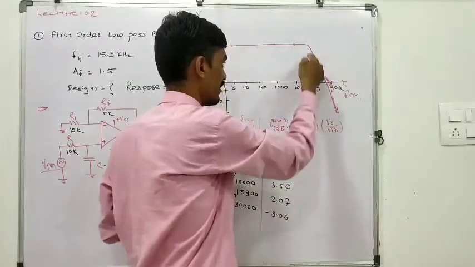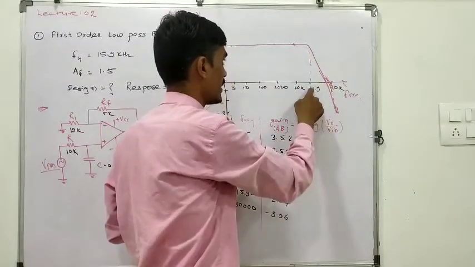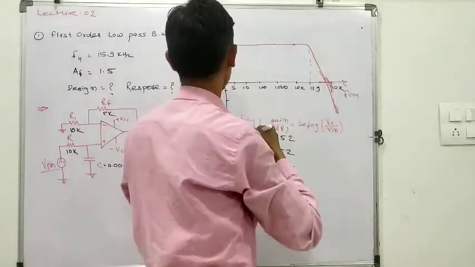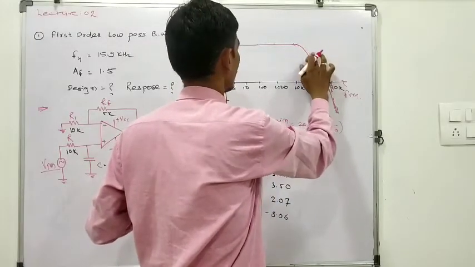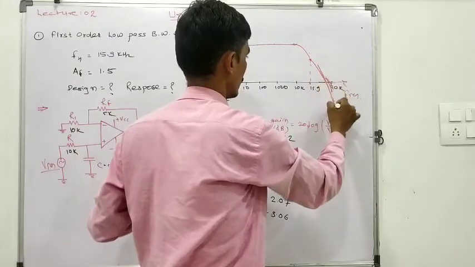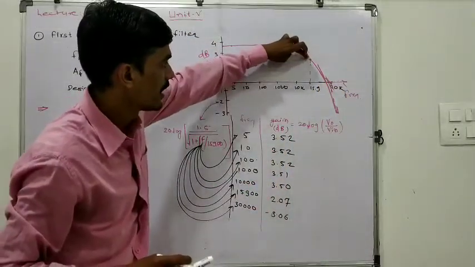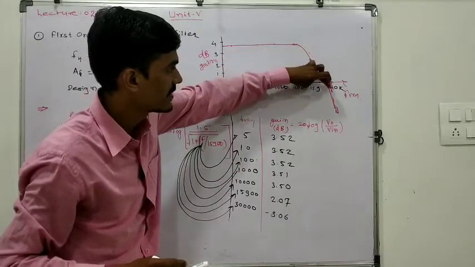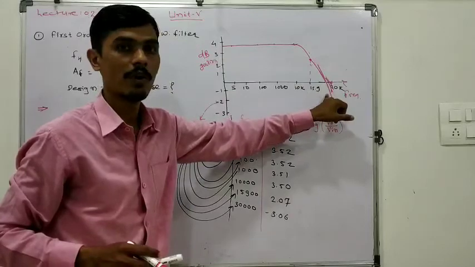So after the cutoff frequency the gain decreases like this, so the transition occurs from here. The gain at 15.9k is decreasing, and it crosses zero after some point.